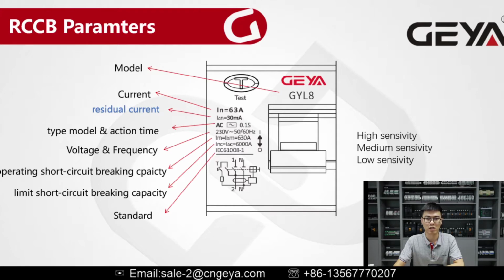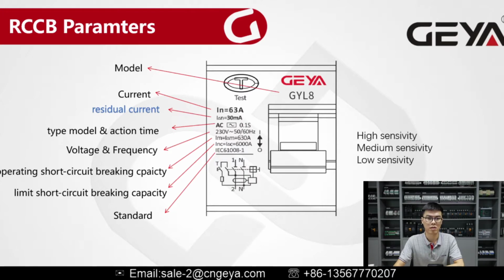This one is 30 milliamperes. Regarding the residual current, I have to talk about it in detail because we have some different levels of residual current. We have high sensitivity, medium sensitivity and low sensitivity. Usually, 30 milliamperes is regarded as high sensitivity.